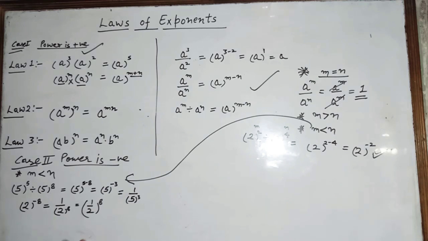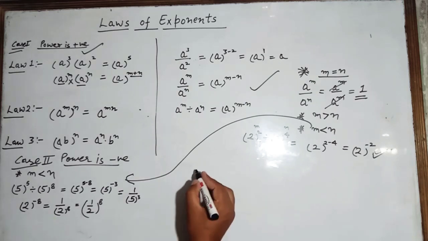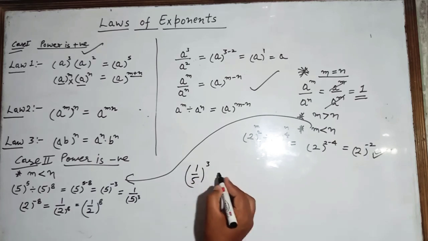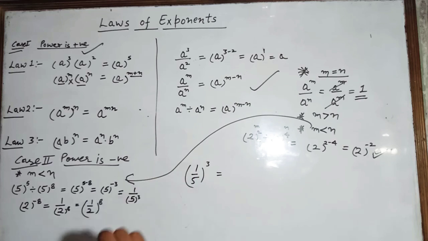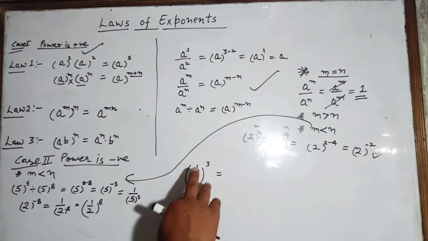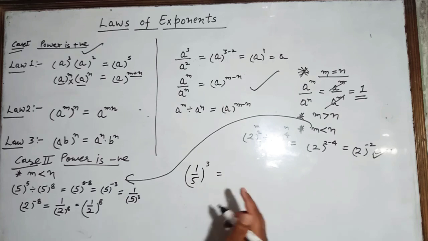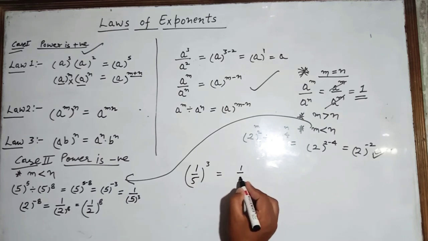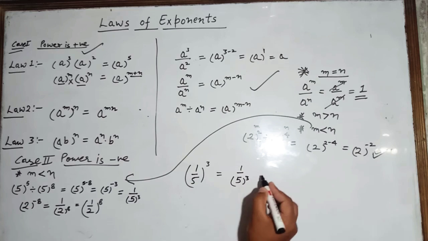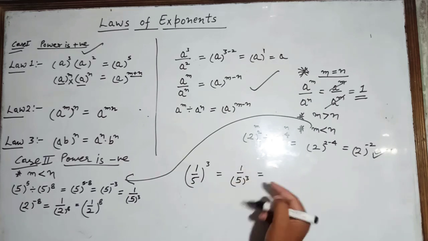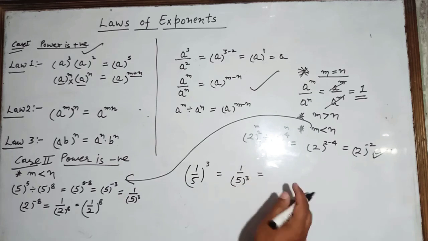So if I want to write 1 upon 5 to the power 3 with the 5 in the numerator, how can we write it? We can write it, you know that it is the same as 1 upon 5 to the power 3. It is in the denominator, so we make it in the numerator or in a single line.